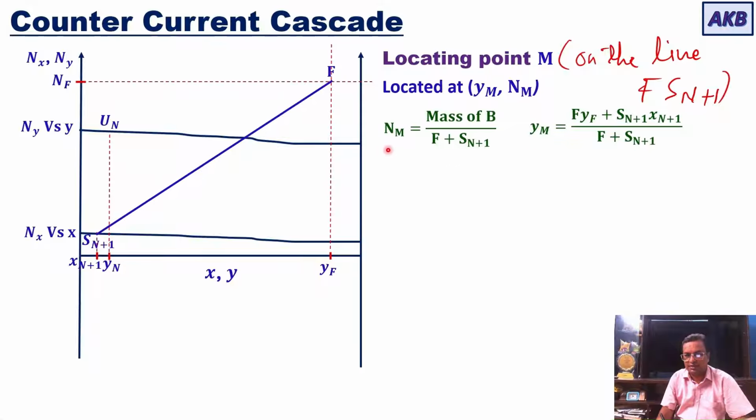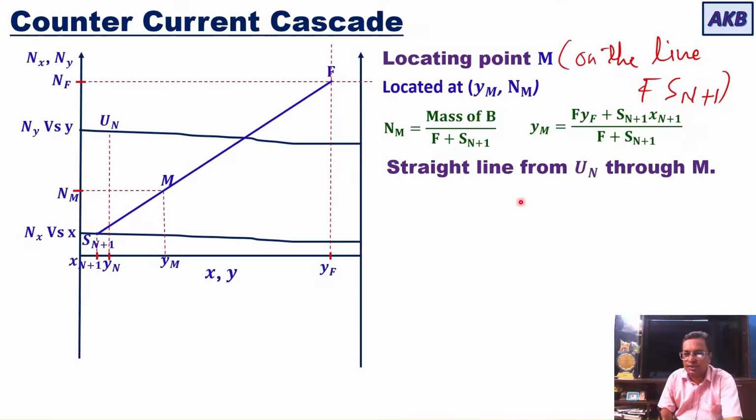Let us learn how to use nm and locate point m. So you just have to locate nm over here, go to the line f Sn plus 1, wherever is the intersection, that will be point m. And if you look at the x coordinate of this point, that x coordinate will be nothing but ym. So in this way, you can locate point m. Now we have to draw a straight line that starts from un and passes through m.